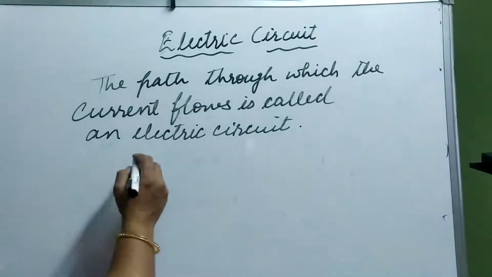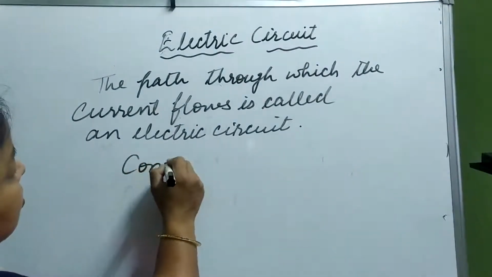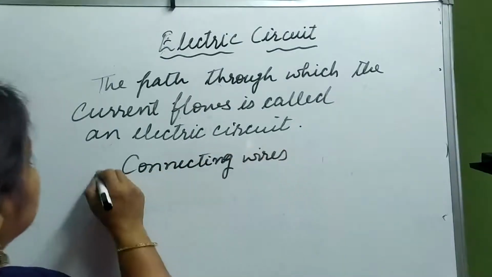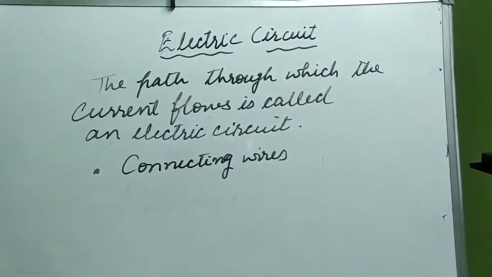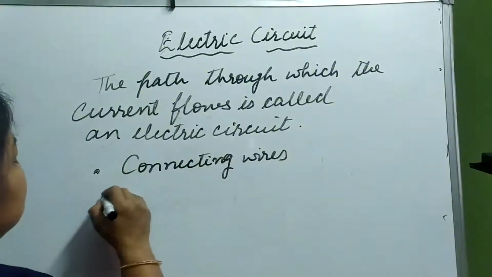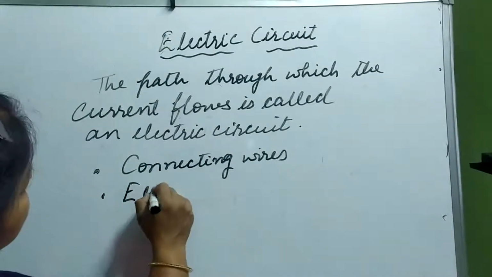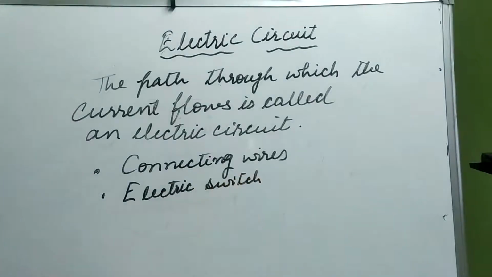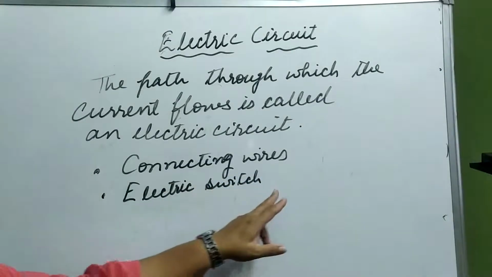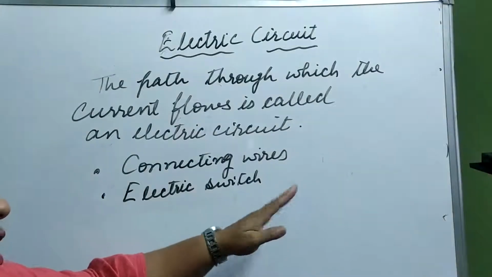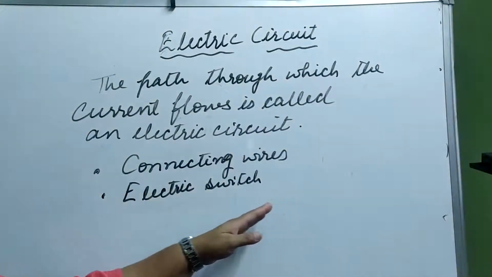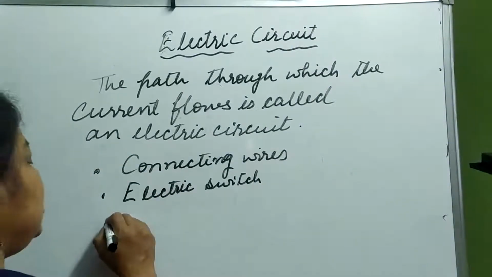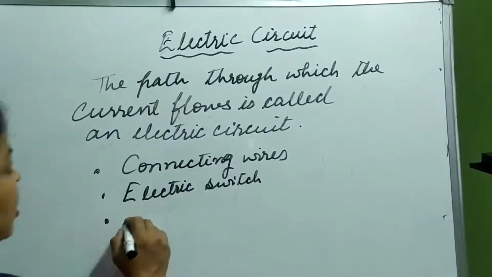So these are connecting wires, then an electric switch, which is going to turn on and off, which is going to make the path continuous or discontinuous. Connecting wires and electric switch and any device which works on electricity.